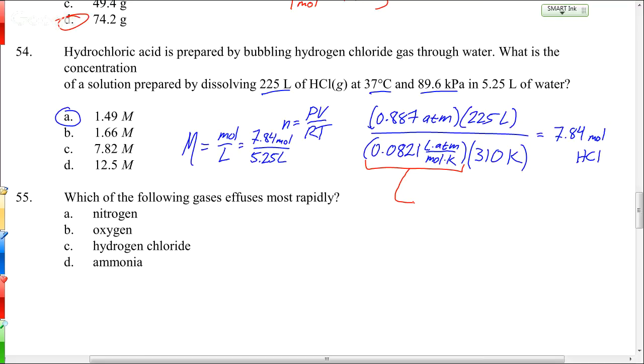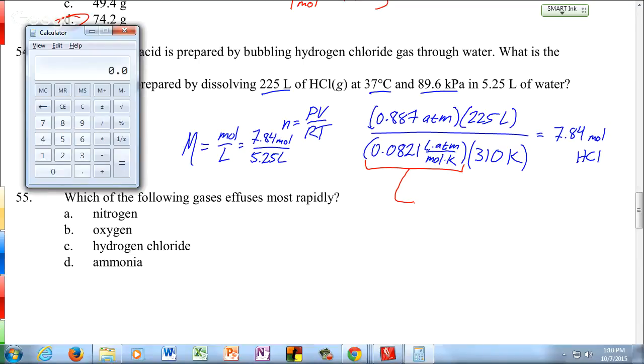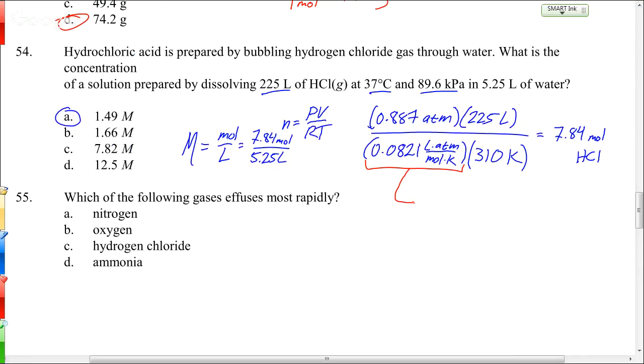But if we multiply that by 760, we would have liter torr per mole Kelvin. 0.0821 times 760 is 62.4, we'll say. So 62.4 liter torr per mole Kelvin.